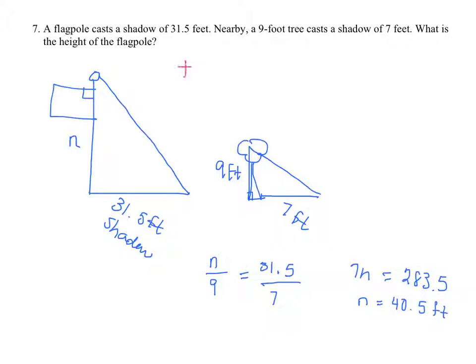So the flagpole is 40.5 feet. To double check that, I'm going to multiply it by 7, and then I'm going to also multiply 9 times 31.5 again, and I'm all set, just to double check myself.